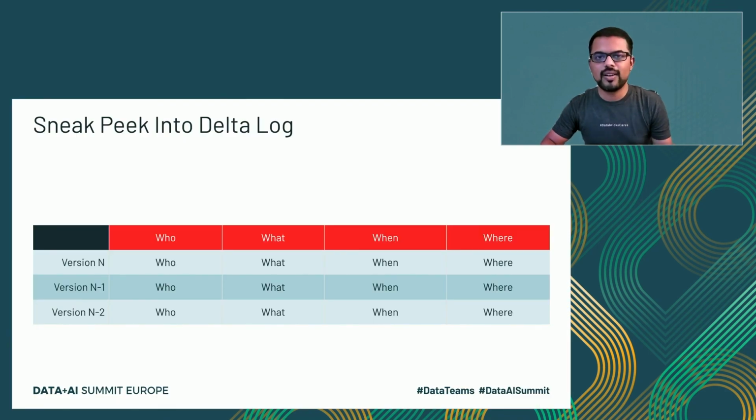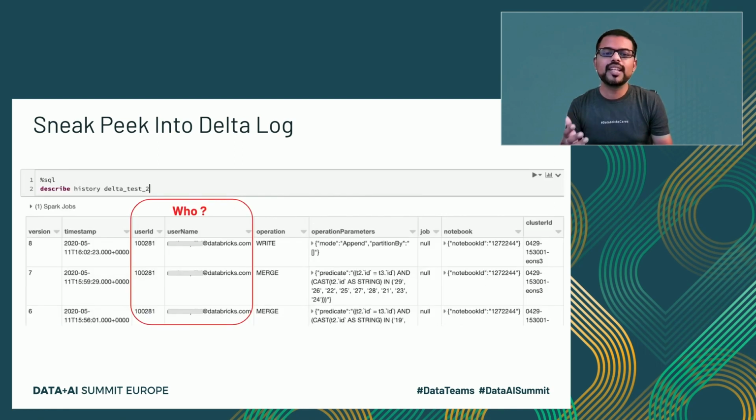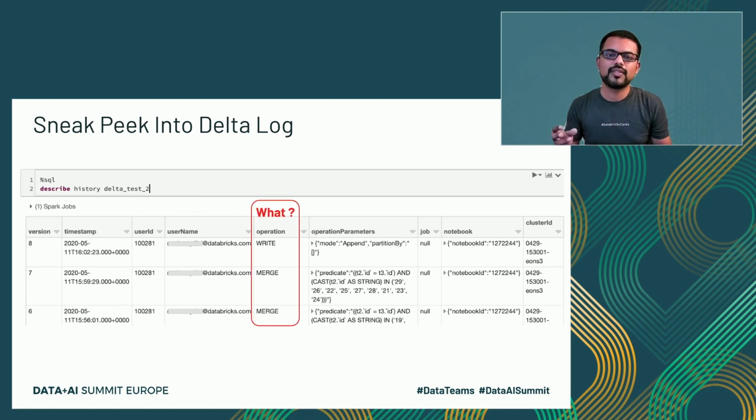Sneak peek into Delta Log. Delta Log tells you the who, what, when, and where aspects of your Delta Lake table. Here I am doing a describe history on the Delta table name, and it tells you who, which means the username and user ID of the person who performed the commit. It also tells you the what aspect of the Delta commit.